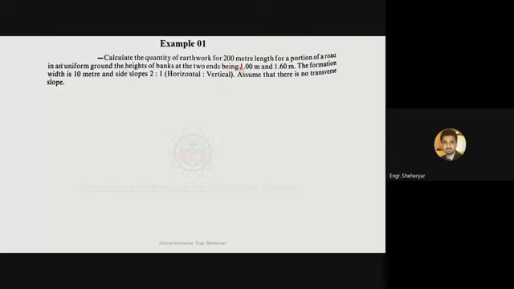The first end is having a height of 1 meter, and the second end is having a height of 1.6 meters. The formation width B is given to you as 10 meters, and the side slopes are given to you as 2:1, S:1. S here is 2. Assume that there is no transverse slope.